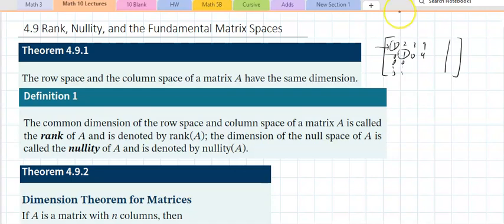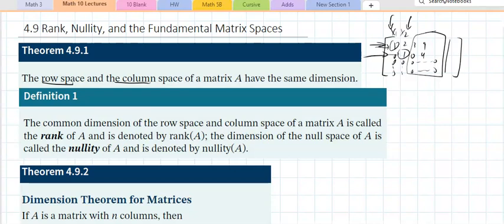If I look at the pivots, and these are the only pivots, I would know that the row space has 2 rows, and the column space has 2 columns. The rest is going to pretty much represent the null space.